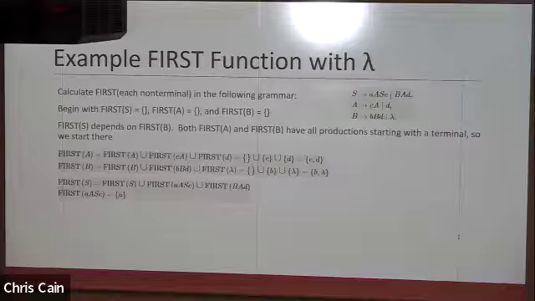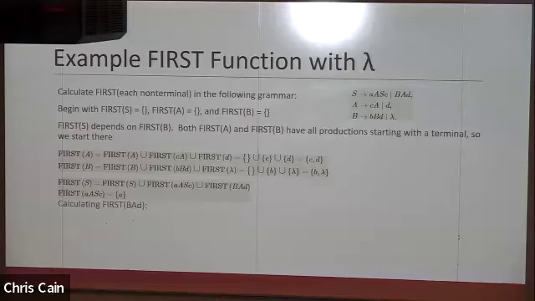Because if we just said first of capital B, then we wouldn't be able to refer to the character after the B. So always store the entire right-hand sides programmatically when you do this. Again, when you're doing this in your head, it's not exactly the same problem, but programmatically, you need to store that whole right-hand side. B can go to lambda, so we have to add first of capital A to this as well.